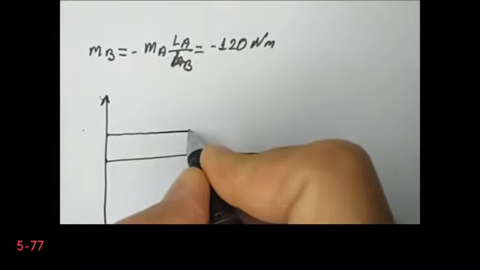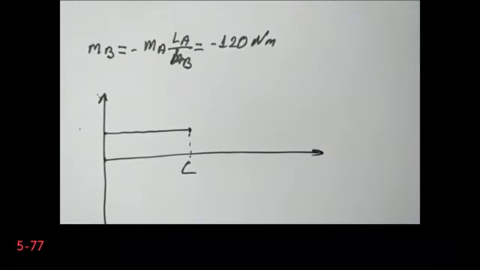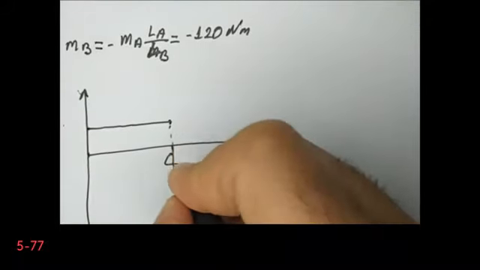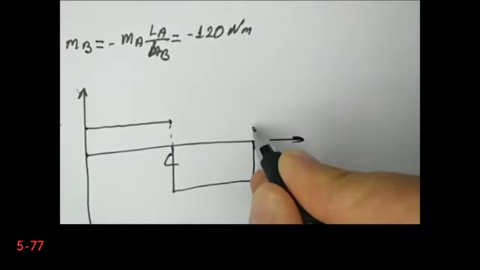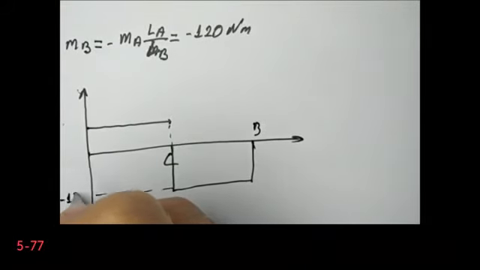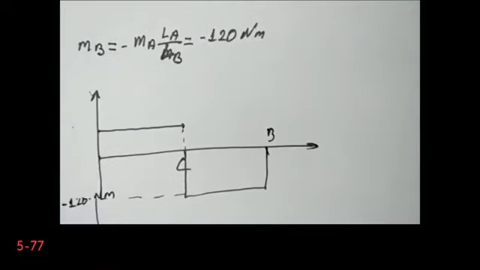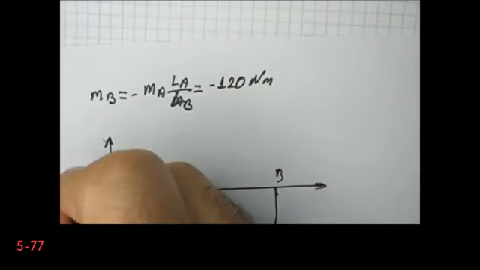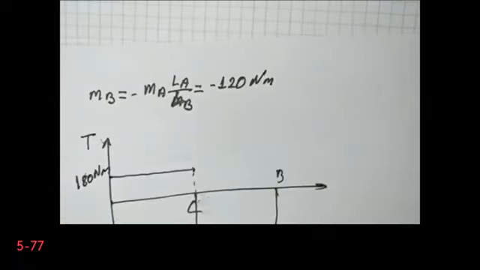So this is my point C, and then I will have a degrees down to point B. So this point is minus 120 Newton meters, and this is 180 Newton meters, and this is my torque.